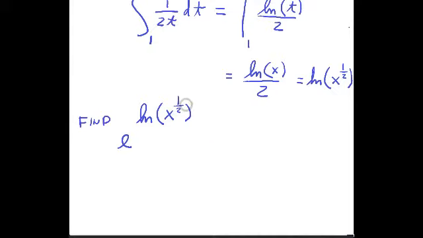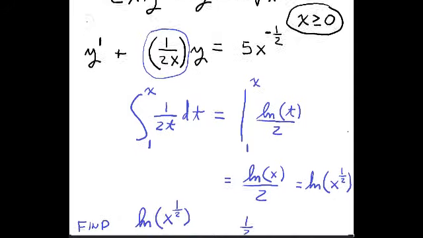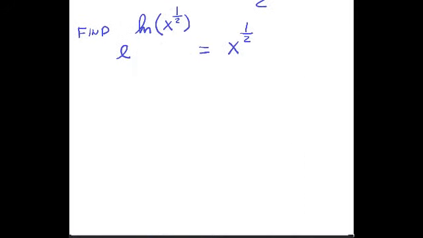Since the logarithm and the exponential are inverses of each other, we just get x to the 1/2. Now we multiply our differential equation, the one that we just found, by x to the 1/2 on both sides.